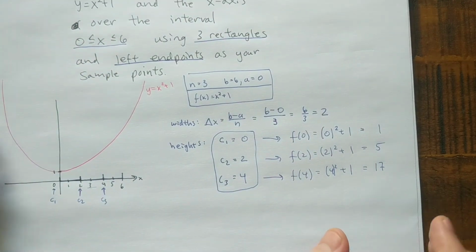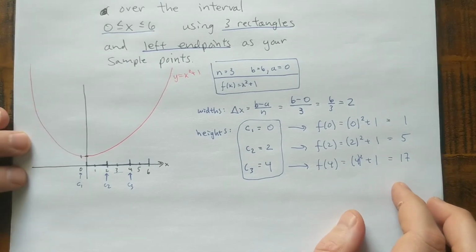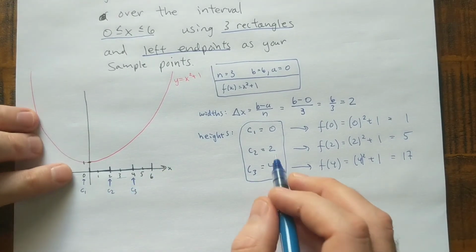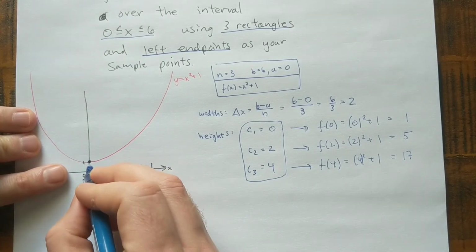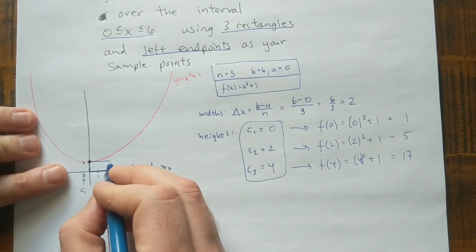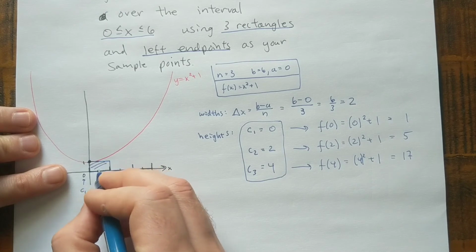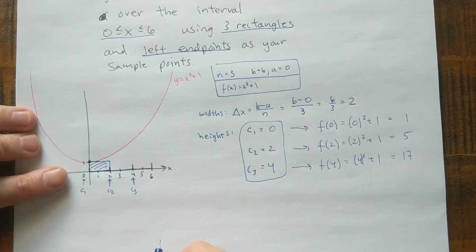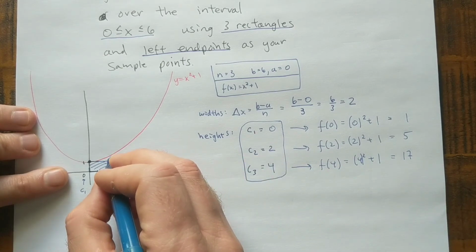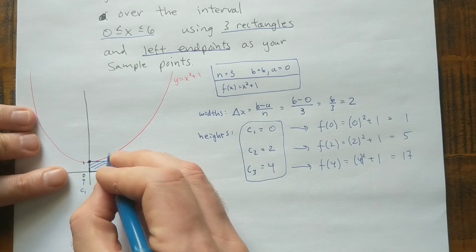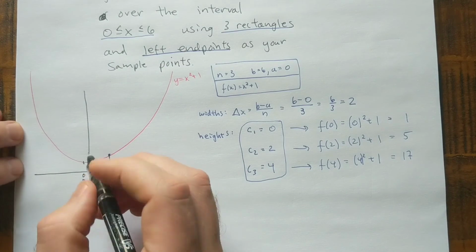And there are our heights. So let's see how this looks on the picture. When I plug in 0, I get 1. So that's telling me that the height of the first rectangle looks like this. So here's my first rectangle, there's R1. My second rectangle, I'm going to plug in 2, and this should be up at 5. Notice this is not to scale again.